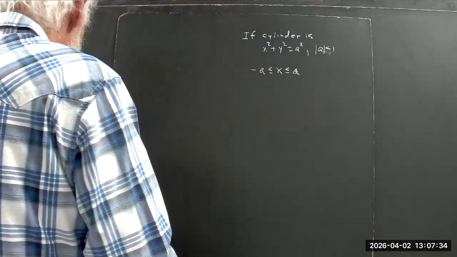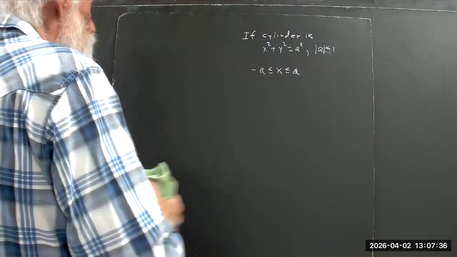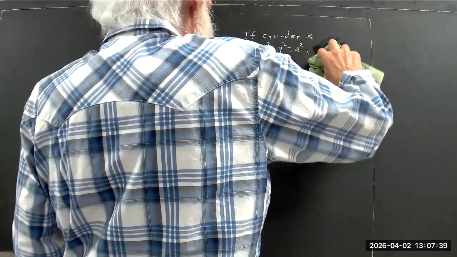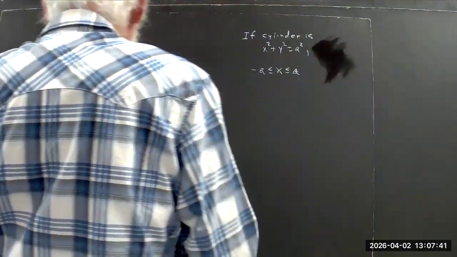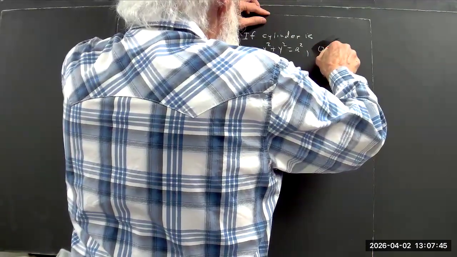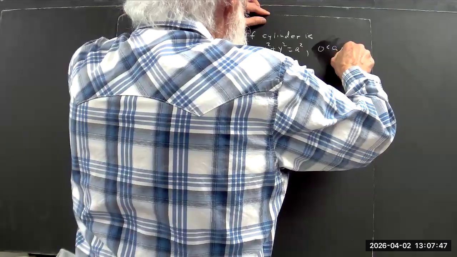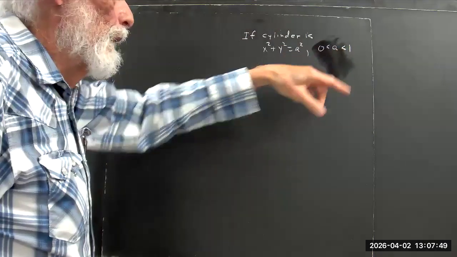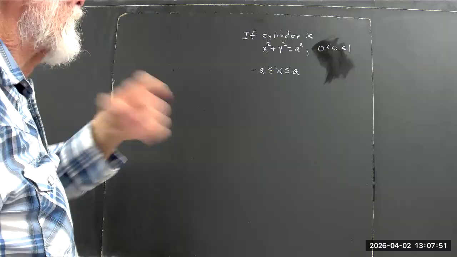And let me rewrite that restriction on a. I said absolute value less than 1. Yeah, that's fine, but let's just make a positive. So 0 less than a less than 1.